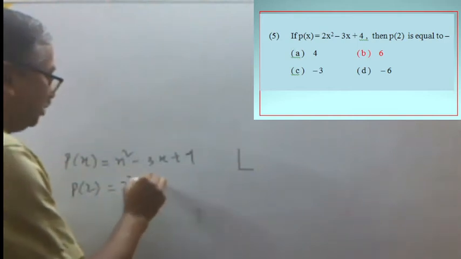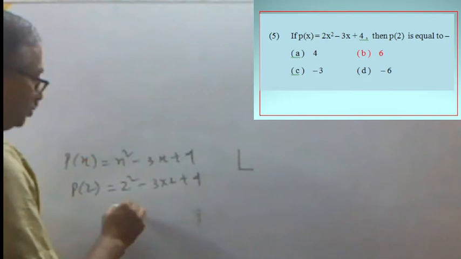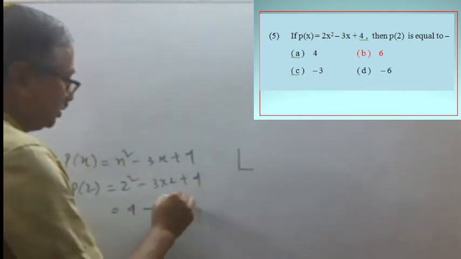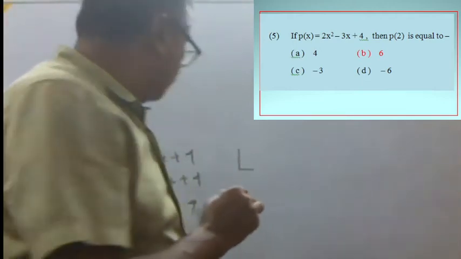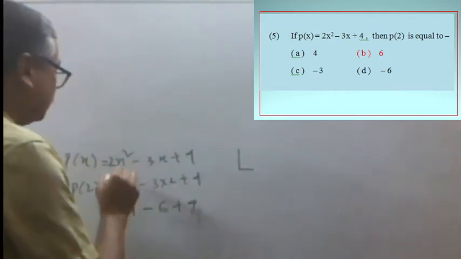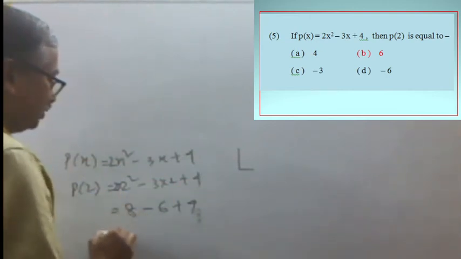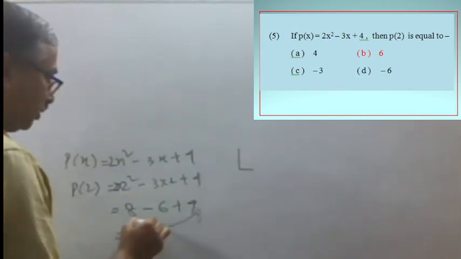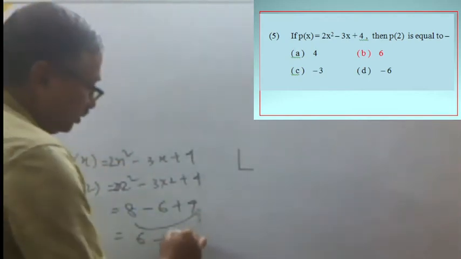That is 2 times 2 squared minus 3 into 2 plus 4. 2 squared is 4, so 2 into 4 is 8, then 8 plus 4 is 12, minus 6 is 6. So option B is the correct option.